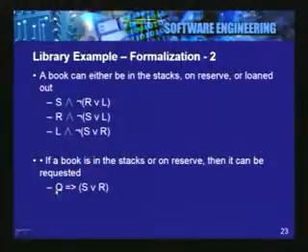Remember, our notation Q stands for the book being requested, and L stands for the book being loaned, and there is a differentiation between the two states. So, Q implies S or R in this particular case, right. So, if the book is either on the stacks or it is on reserve, then the book can be requested. That is the implication of this particular notation.